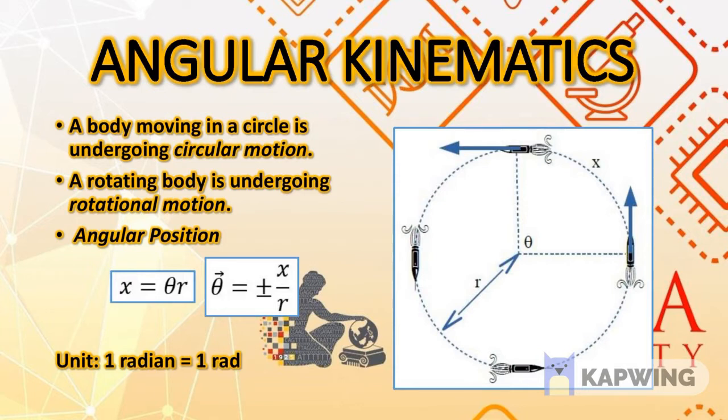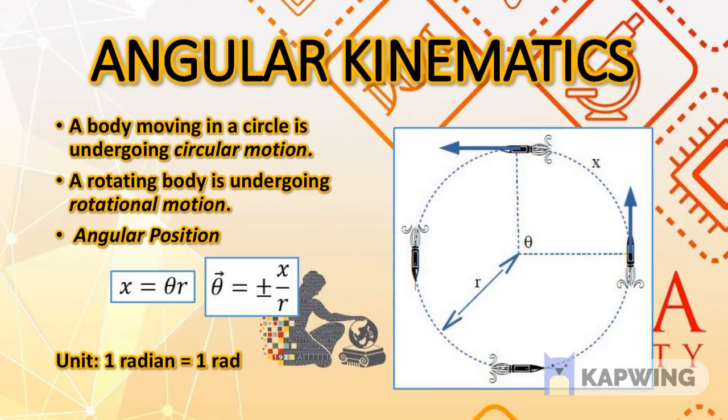Just like in linear kinematics, or motion in a straight line, which looks at the motion of the object in terms of displacement, velocity, and acceleration, in angular kinematics we look at angular displacement or angular position, angular velocity, and angular acceleration.